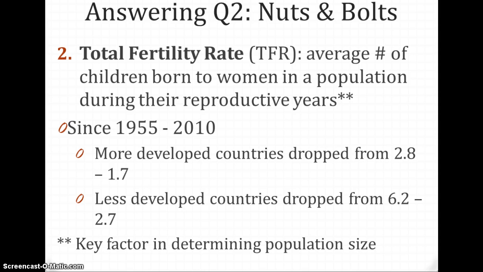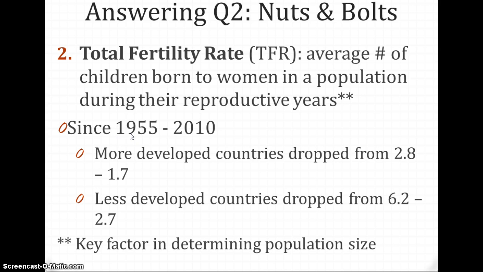Since 1955, looking at the 2010 numbers, the TFR in more developed countries has dropped from 2.8 children to only 1.7 children. And in less developed countries, it's dropped from 6.2 children to 2.7 children on average. So this is a good trend, and we should continue it, but we are not quite to the level where our TFR has leveled off or reached a stable world population rate.